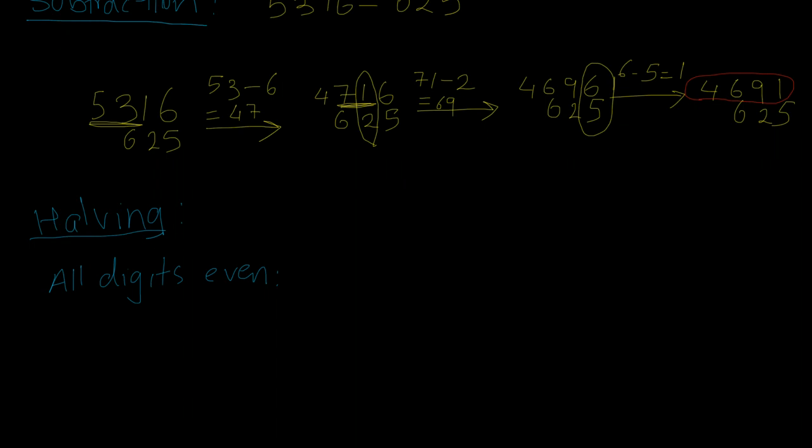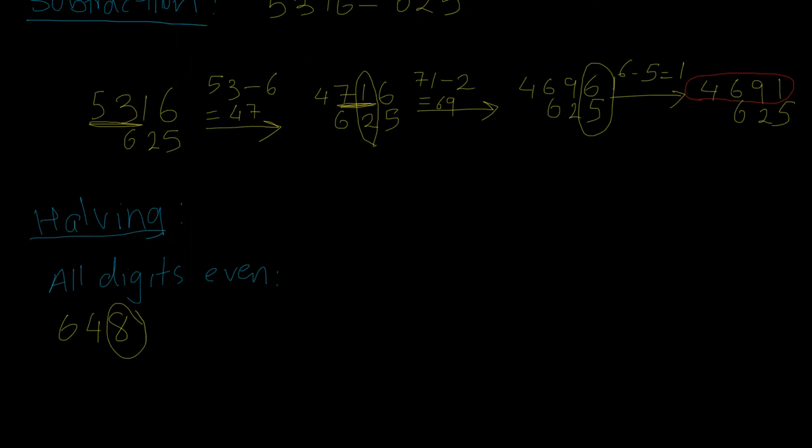Let us say we want to find half of the number, let's say 648. So again, he's going to do this in steps. He'll be working one digit at a time. And this time he starts from the rightmost digit.